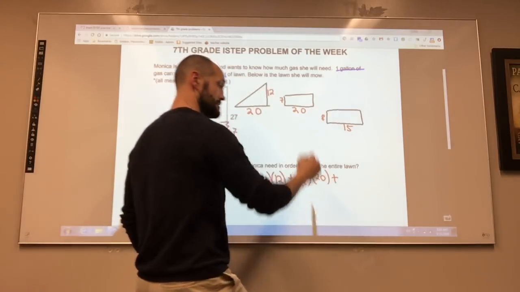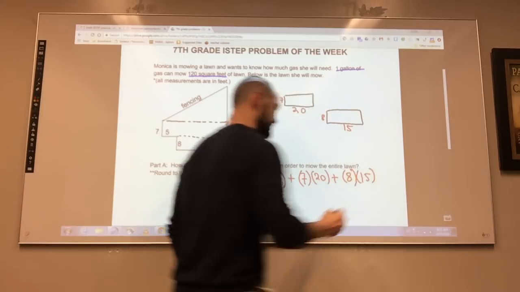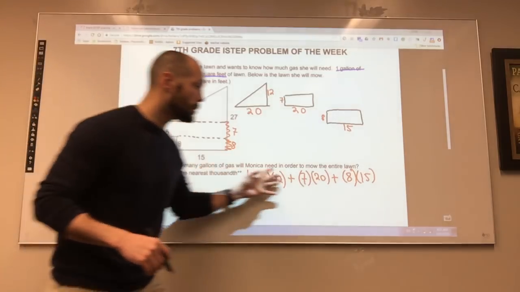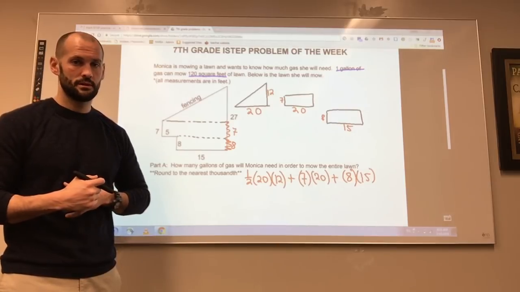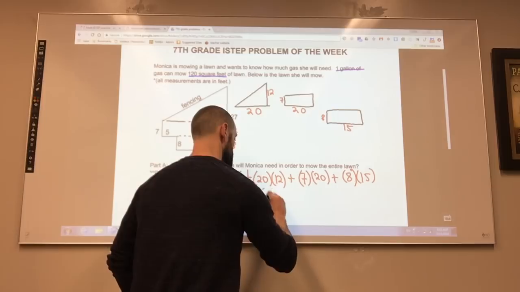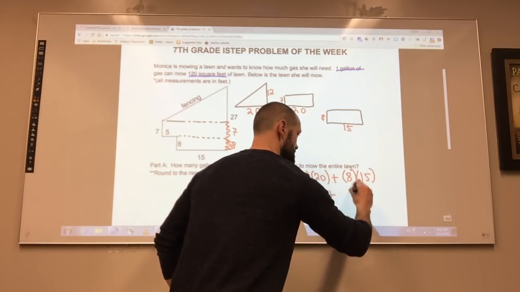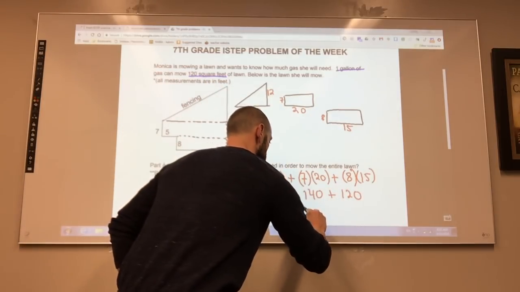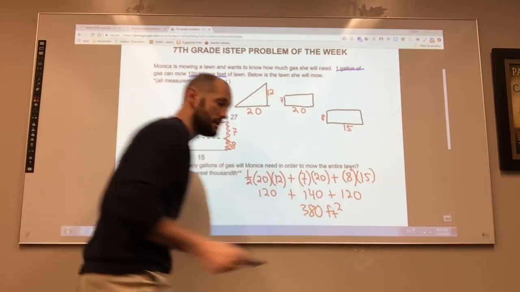I add that to my third shape, which again is length times width. That's the setup that helps me find out the total square feet that are involved in my actual shape. Multiplication comes first, so we get 120 plus 140 plus 120. All of them added together is 380.